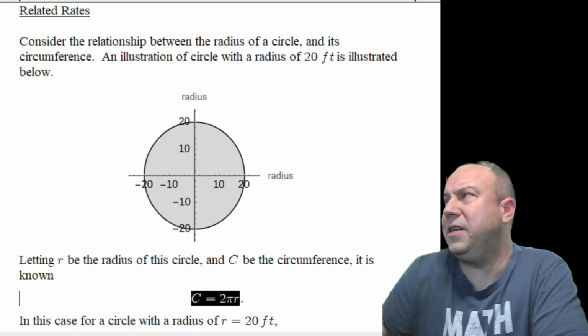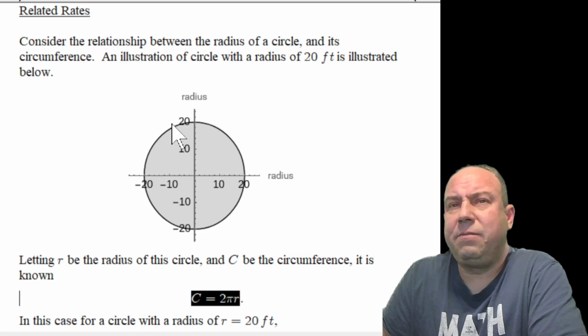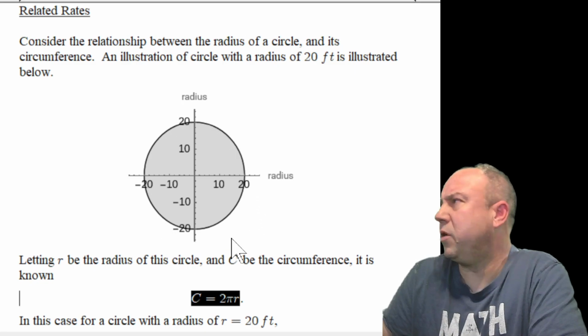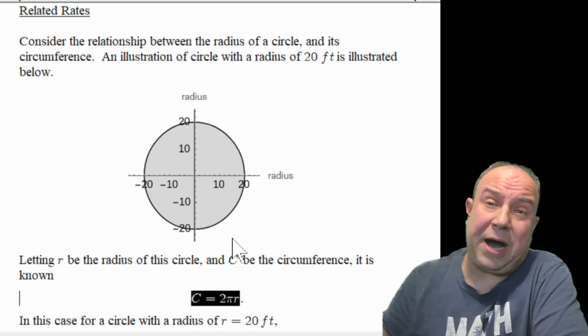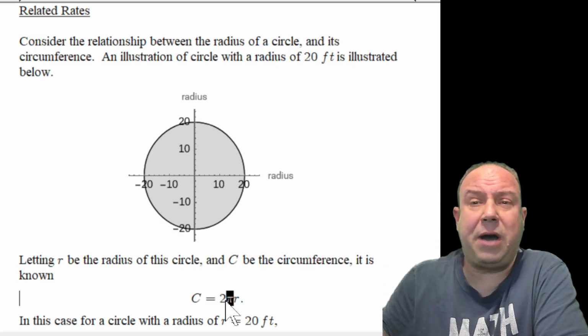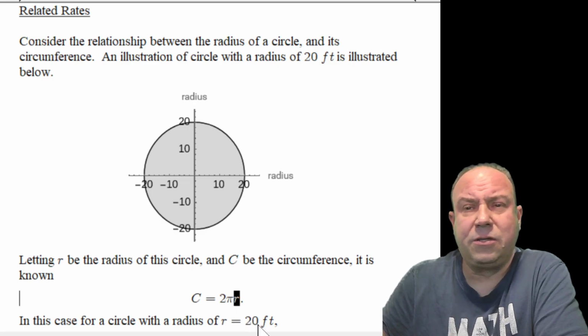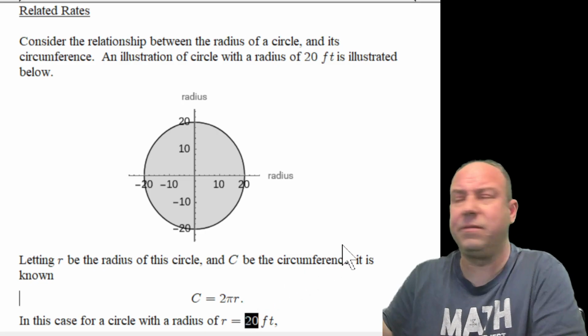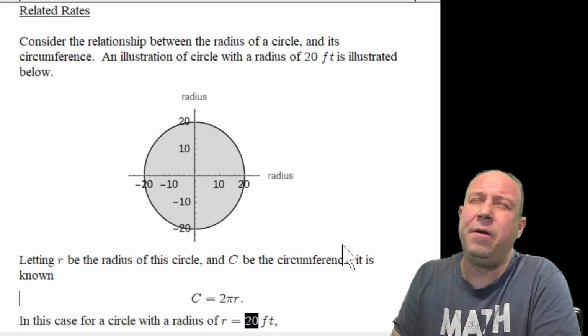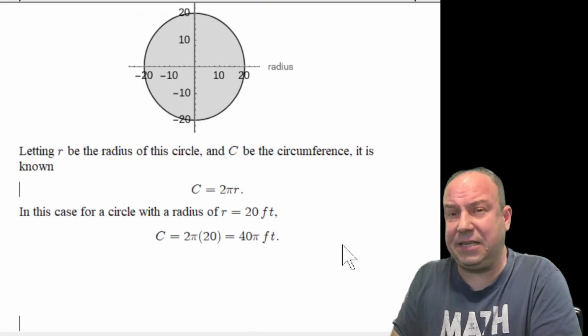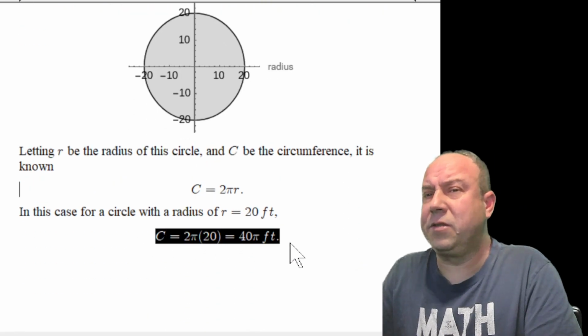The distance around the outside, the perimeter of a circle, is called its circumference. So in this case of having a radius of 20 feet, the circumference is 2 pi times 20, or 40 pi feet.